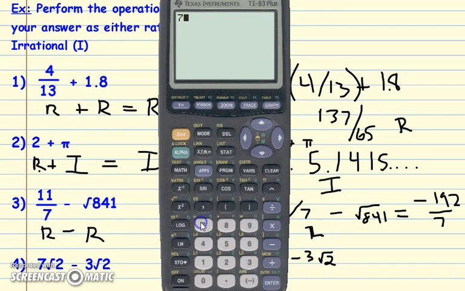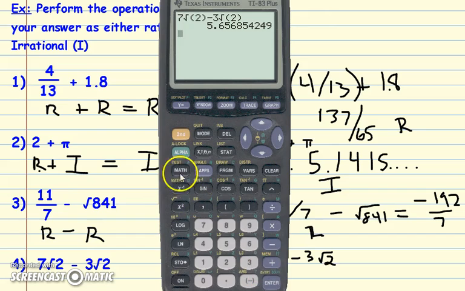So I've got 7 times the square root, and I can just put it next to it, of 2. And I only want to take the square root of 2, so I got to close off my parentheses up top. Minus 3 times the square root of 2. And again, I only want the square root of 2. Close off your parentheses. Hit enter. 5.656.